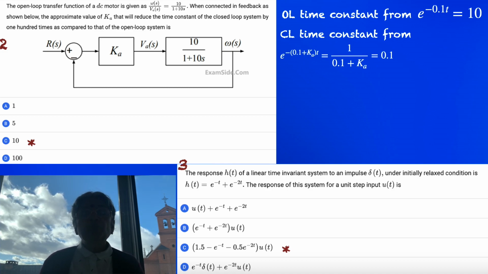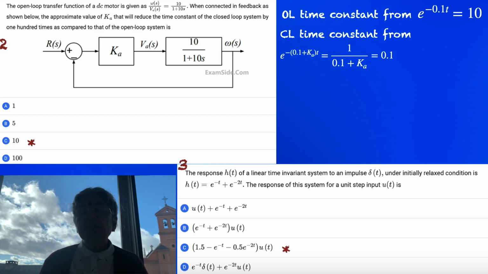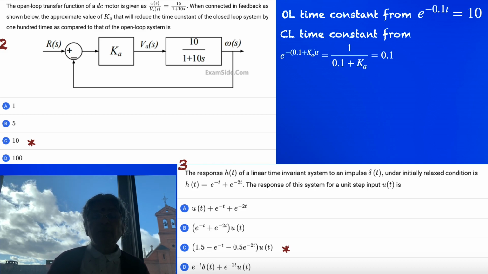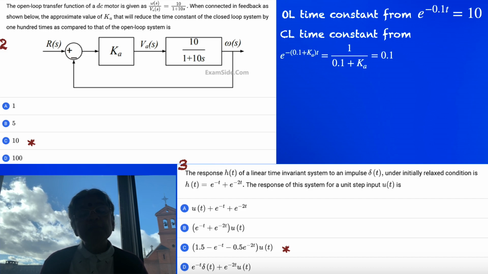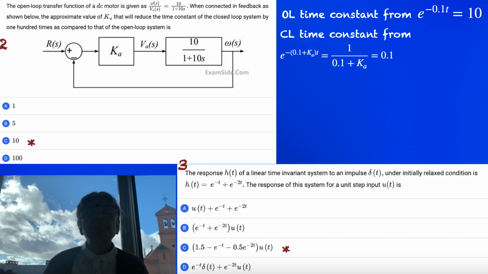So first we calculate the open loop time constant from e raised to minus 0.1t. Here 10 is taken out, so 10 and 10 cancel. So now we have 1/(1 + 10s), which becomes 1/(s + 0.1), so e raised to minus 0.1t happens to be the quantity that we are considering.